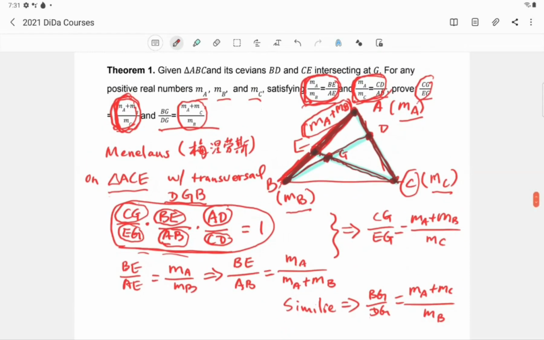I want to ask everybody, what's the degree of freedom? Let's say the diagram is fixed: A, B, C, D, and E are fixed. What's the degree of freedom in assigning the masses MA, MB, and MC? How many ratio conditions, or constraints, do I have?